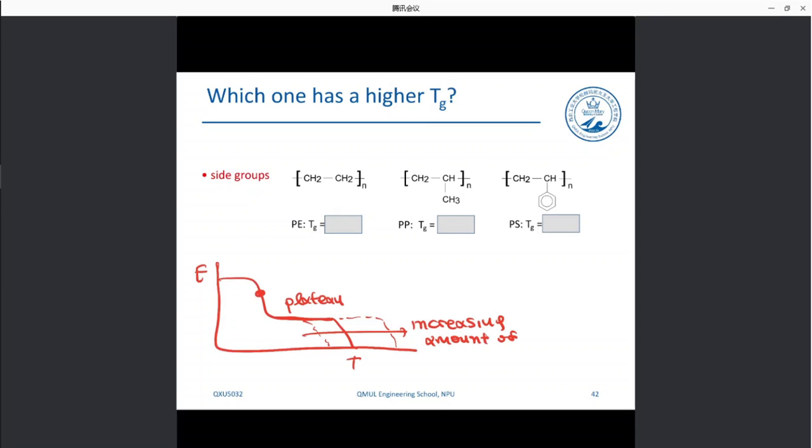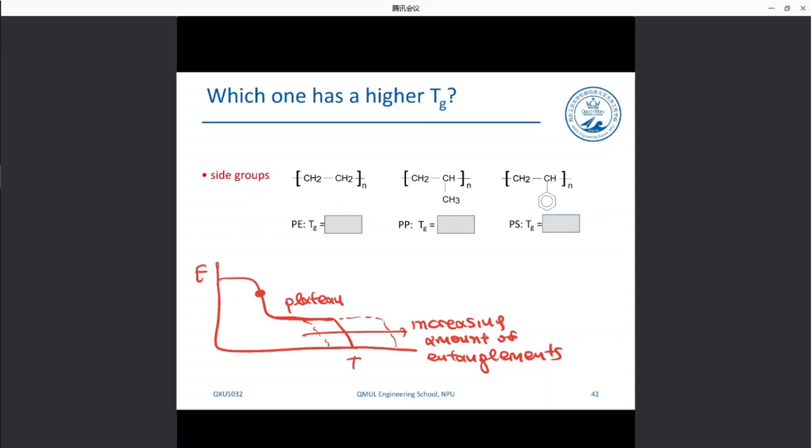But generally, what I want you to remember is that when we have long side groups, that adds more free volume, and more free volume leads to a lower Tg.